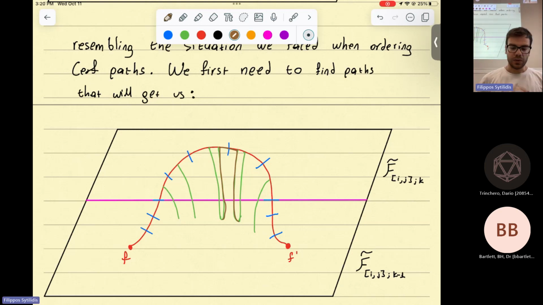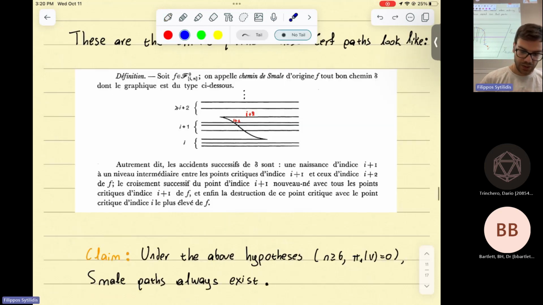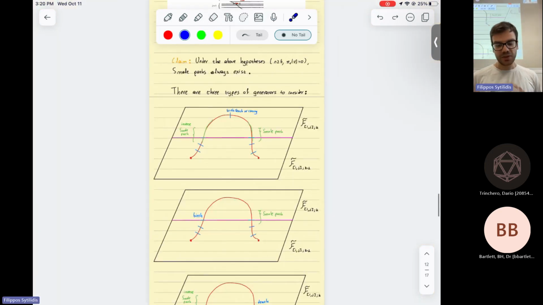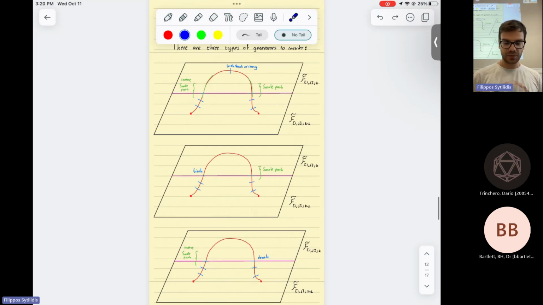Something like that is what corresponds to the inverse. That's where we have the inverse small path. I was looking at the first row. Exactly.